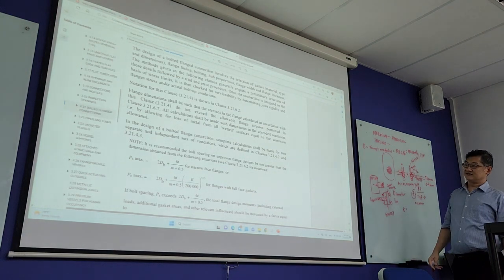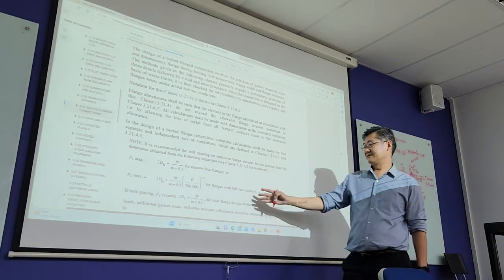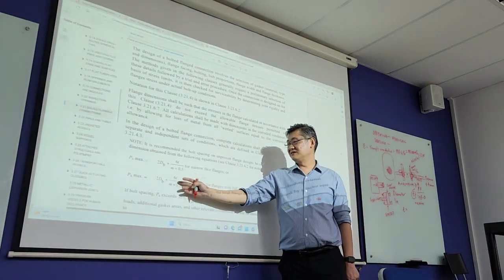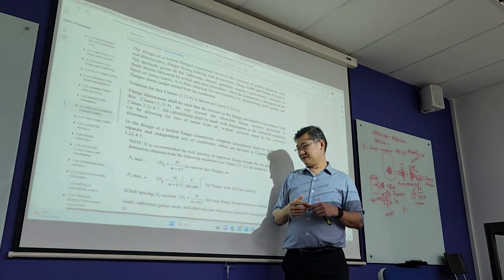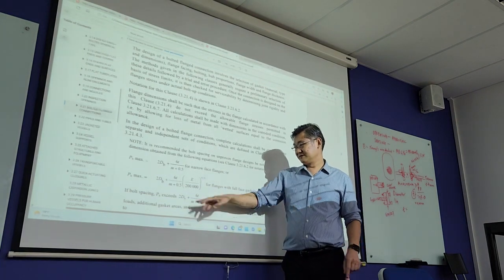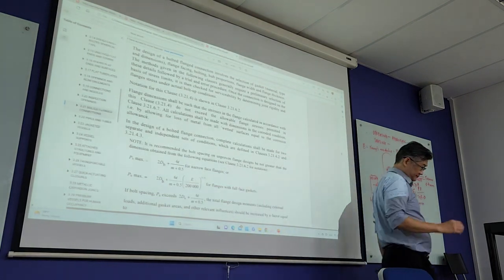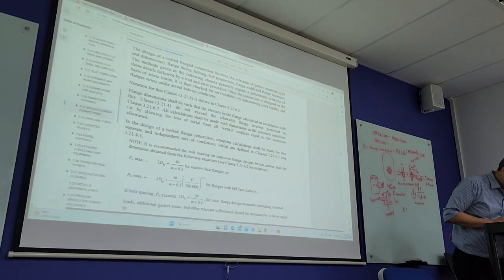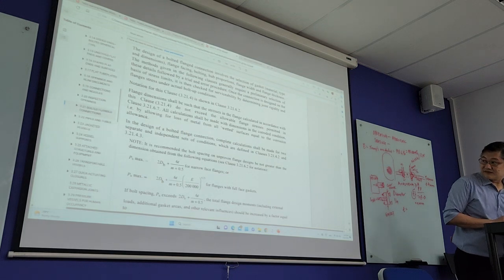So we use this value for this question. For thickness, you can find the thickness from the flange cover: thickness 35.